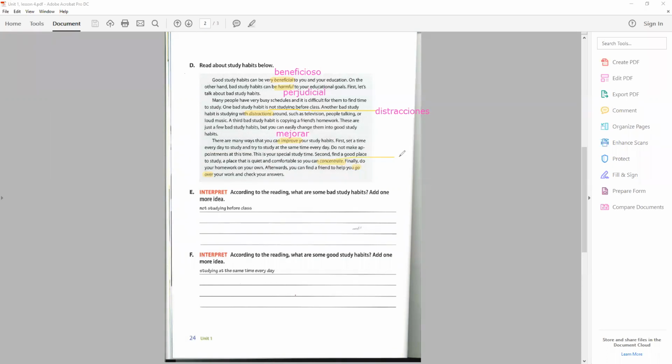We have the word concentrate, concentrado, or concentrarse. And we have our last one, which is go over, or revisar. Those are 6 really important words. So let's go ahead and read this.